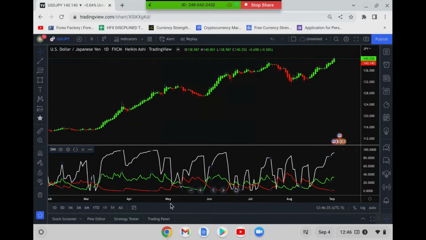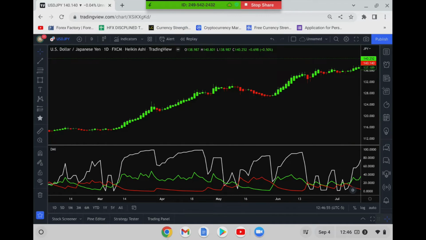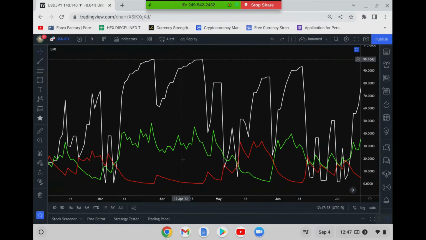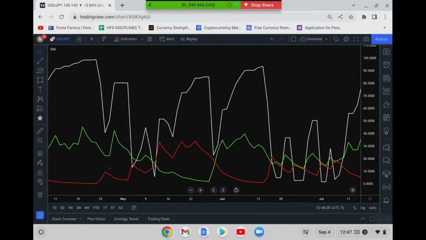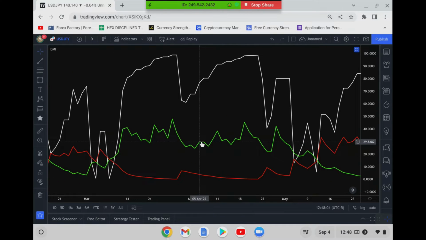And now let me tell you guys how to actually read this indicator. So the DMI essentially tells us when momentum is shifting within the market. So let's zoom in, and I'm going to break this down. Since the green line represents buyers, whenever you see the green line on top of the red line, that is going to be an indication to buy.